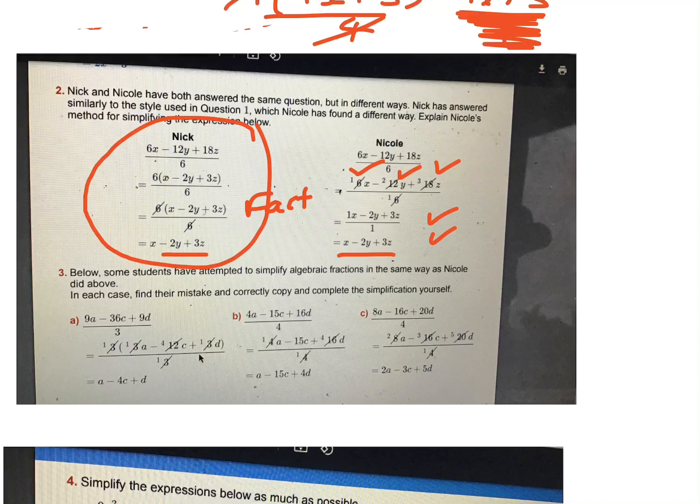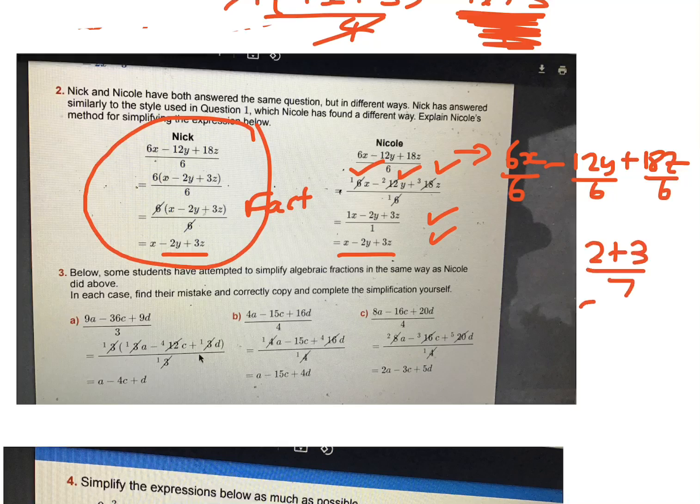Explain Nicole's method for simplifying. What she's doing here is dividing the 6 into the 6x, then dividing the 6 into the 12, and then dividing the 6 into the 18. It's just like splitting a fraction. If you have 2 plus 3 on 7, that's the same as 2 on 7 plus 3 on 7.